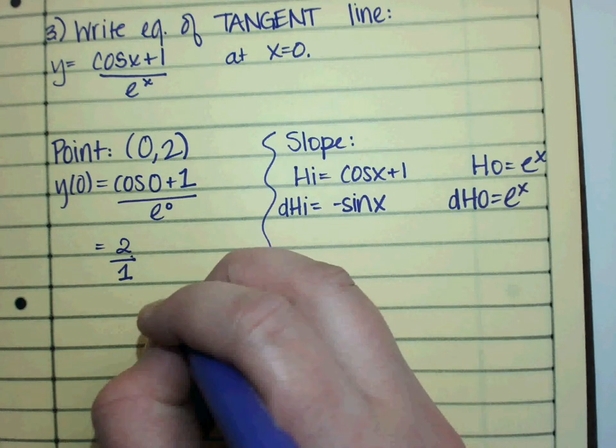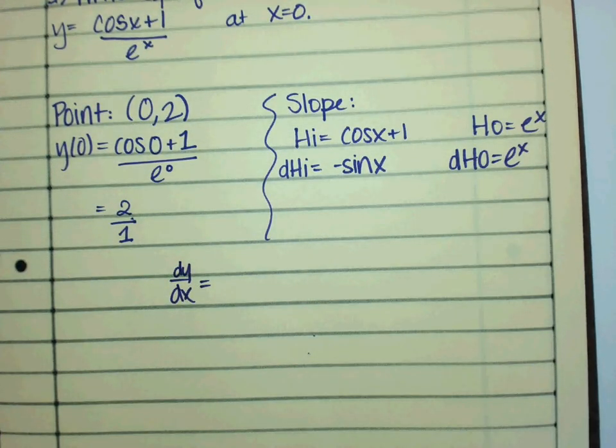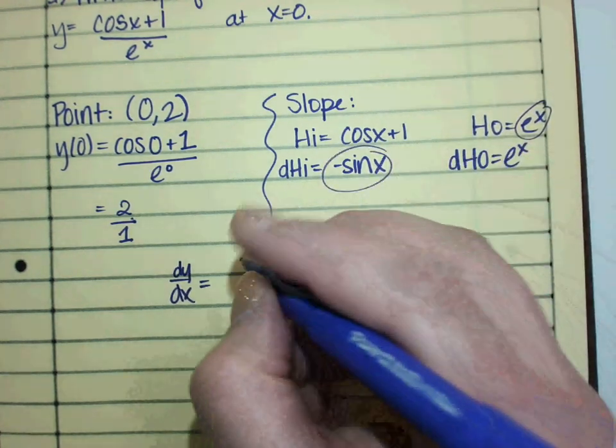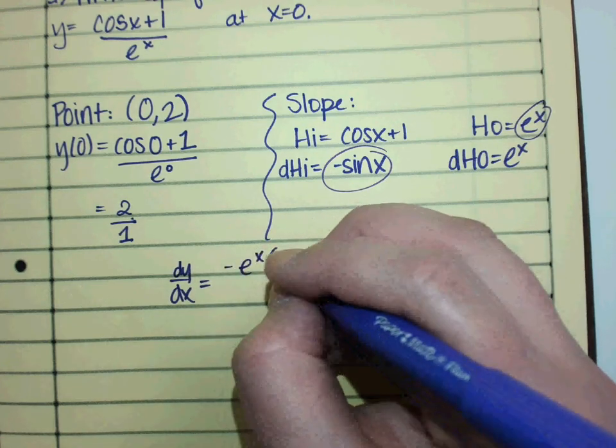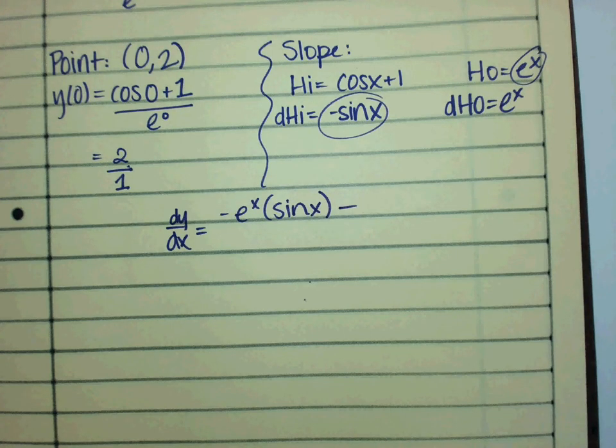Okay, then from there, ho d hi minus hi d ho over ho squared. So dy/dx equals, or you could call it y prime if you like that better. Same thing. Okay, so ho d hi would be e to the x times negative sine x. I'm going to pull the negative to the front of the term.